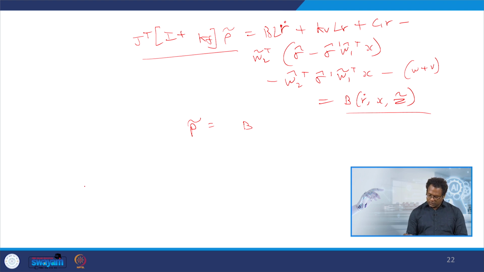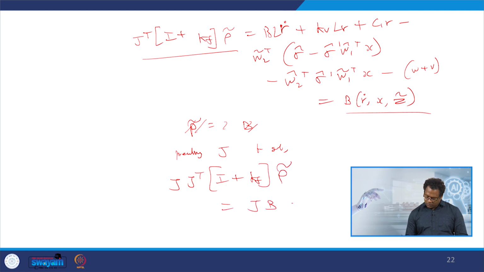Okay. So, rho tilde is going to be given by B upon J transpose into (I plus K_F), but before that we can have the pre multiplication of this equation. Okay. So, let us pre multiply the above equation by J to get J into J transpose multiplied by (I plus K_F) into rho tilde is equal to J into B of r dot, X, Z tilde.